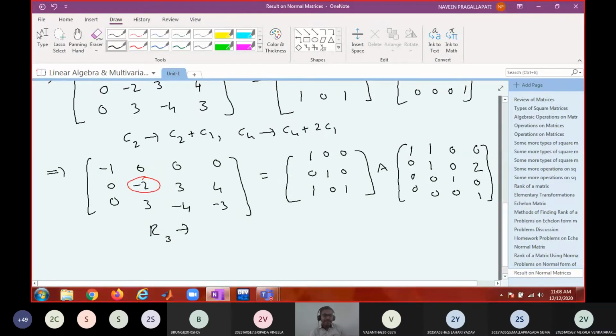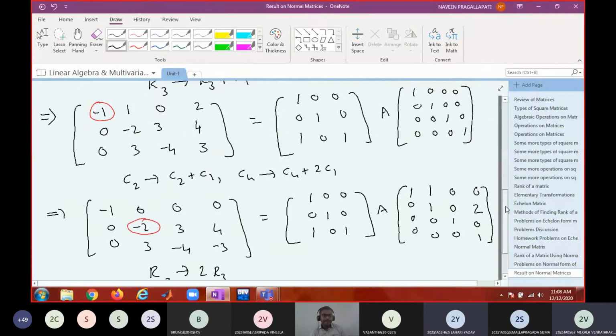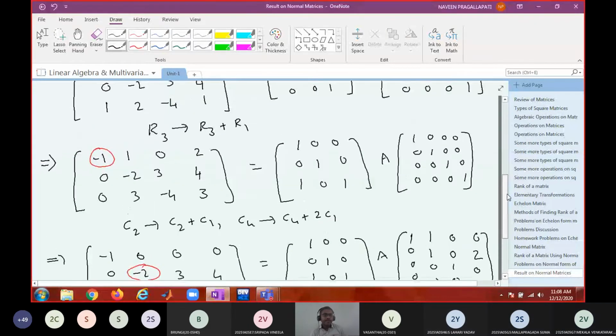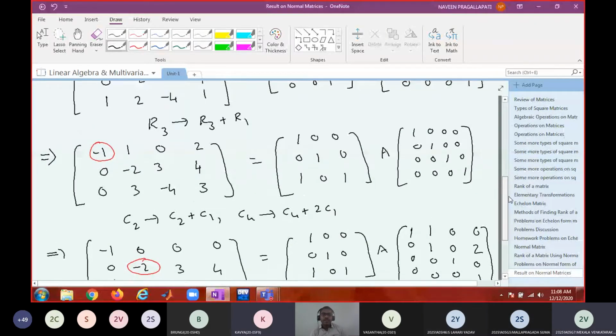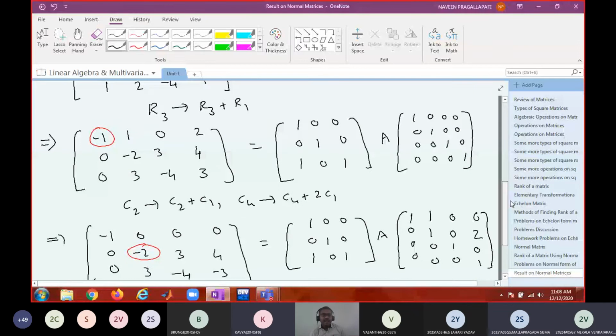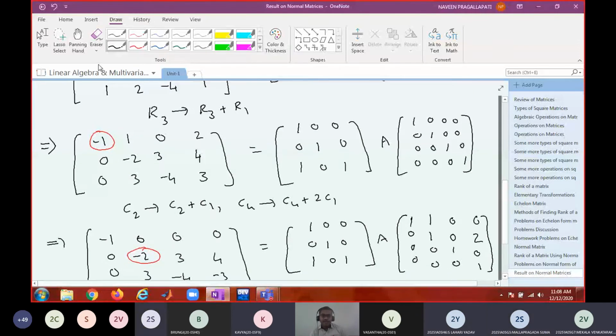R3 gets... Sir, in column 4, 2 should be in the first row, sir. Here 2 times C1 plus C2. Yes, so there is a mistake here.